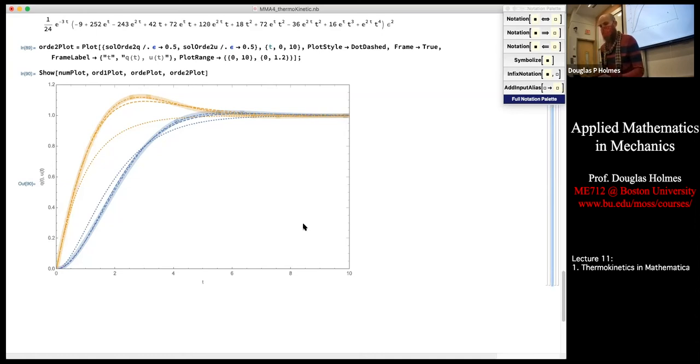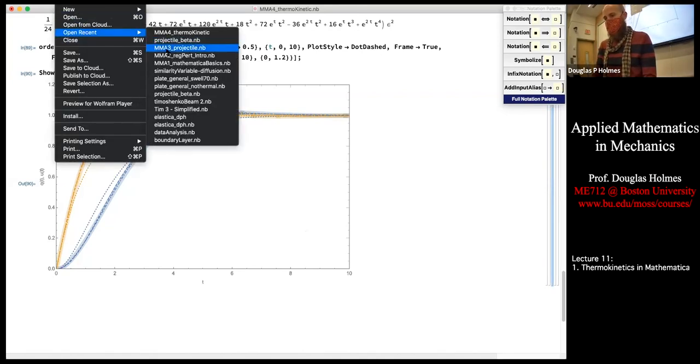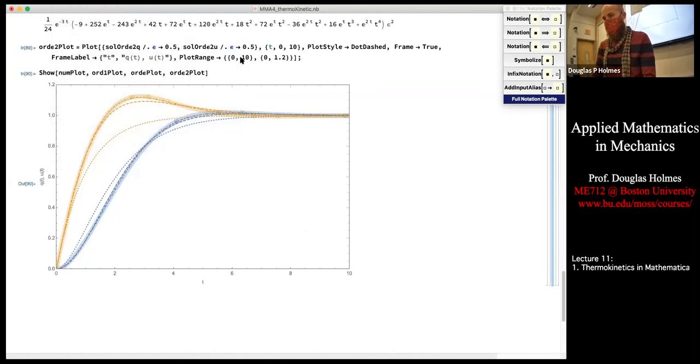Let me see if I can open our regular perturbation intro. So you should have this notebook, I think. I didn't say this last part here. These approximate solutions are asymptotic solutions to our problem.